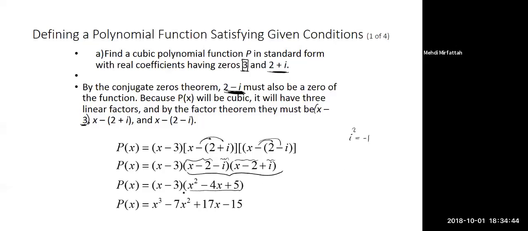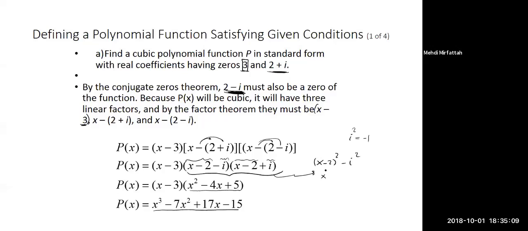Or you could multiply term by term here. And then when you distribute x minus 3 by this polynomial, you get your p of x here. Okay, so we get that one. So this term here could be a squared minus b squared, right?